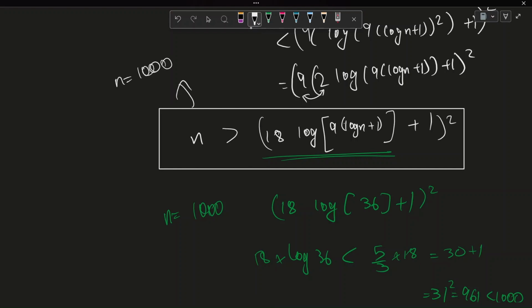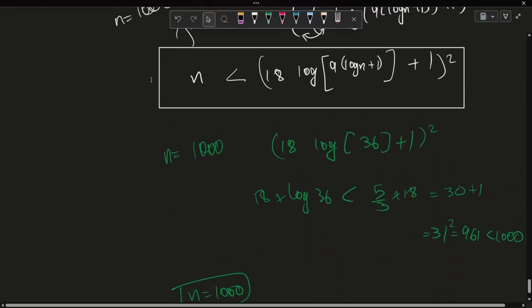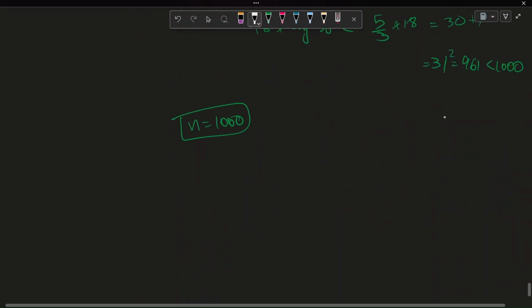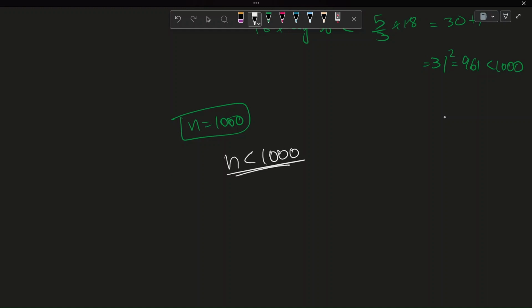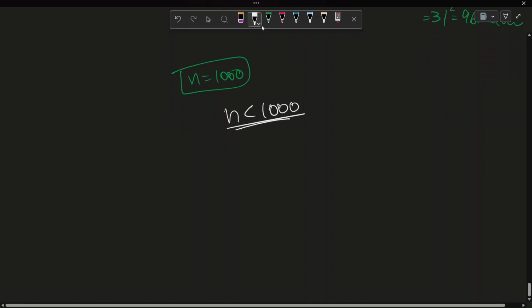Okay, so if n is any number greater than 1000, then this inequality will continue to hold, that n is greater than this big term. So we conclude that for this inequality to hold, we must have that n is less than 1000, and similarly we can conclude that m is also less than 1000.